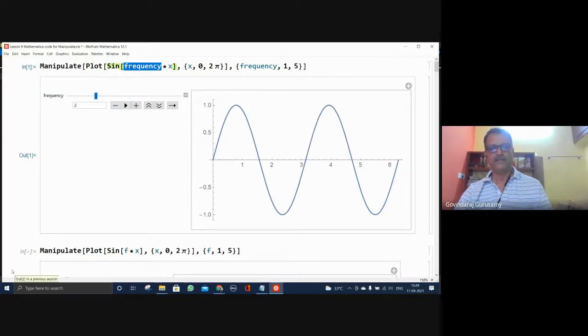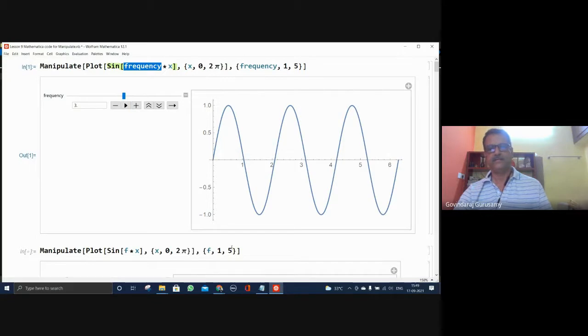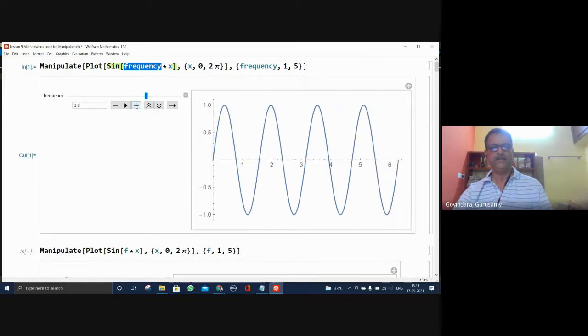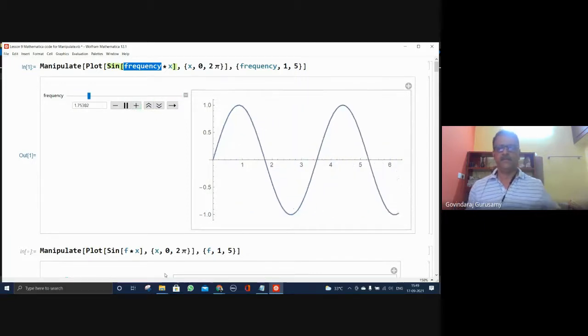Then we get 3 waves, which means we have reached frequency 3. Go ahead with the 4th one, which can also be seen, and then the 5th one. Now the whole thing can be done like this.